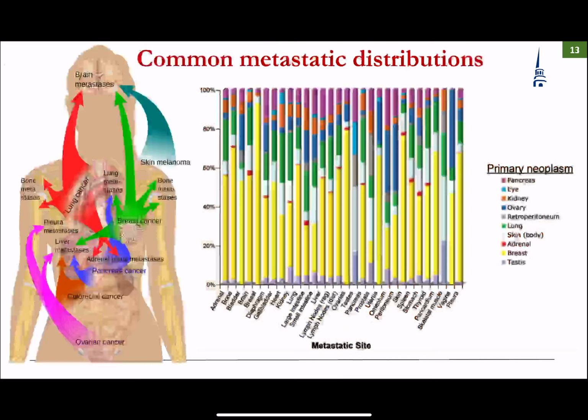This diagram shows you actually metastatic sites and their primary origin. Breast cancer is in yellow, and you can see that the whole diagram is dominated by yellow color. So it shows you how aggressive the breast cancer is. It invades many other organs.